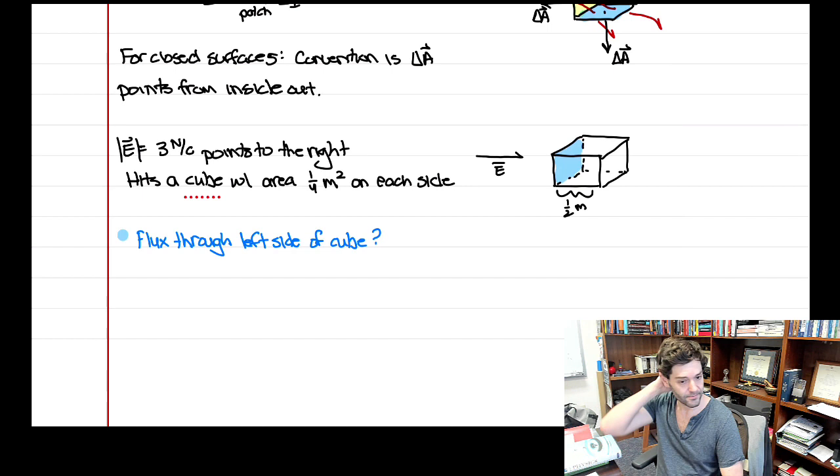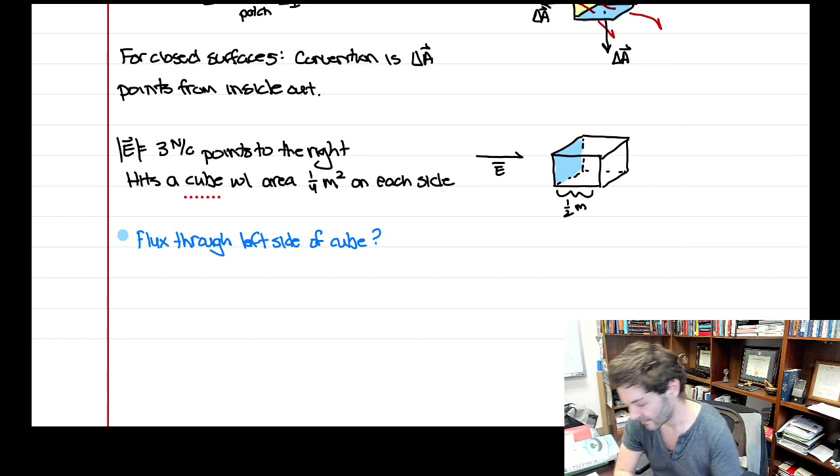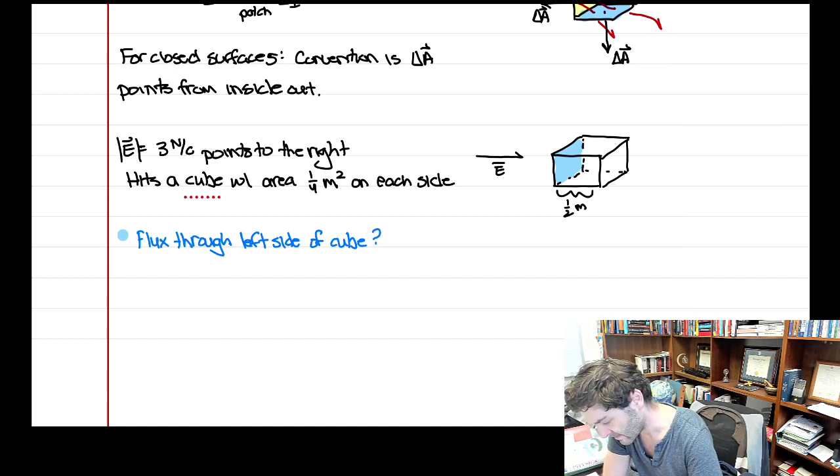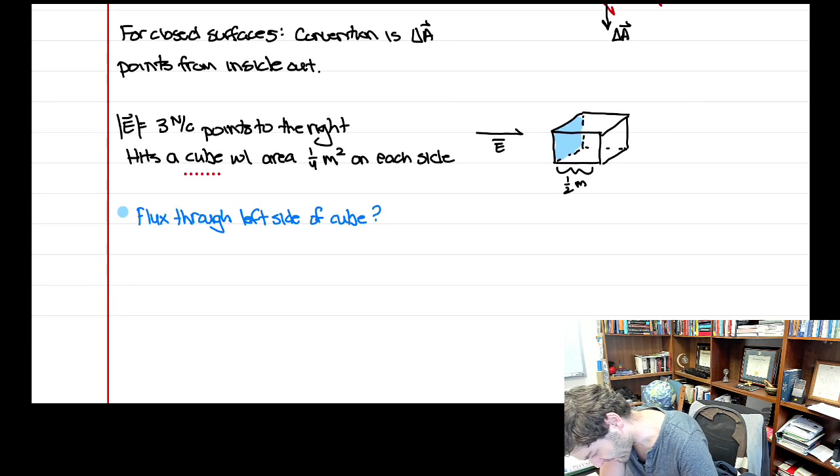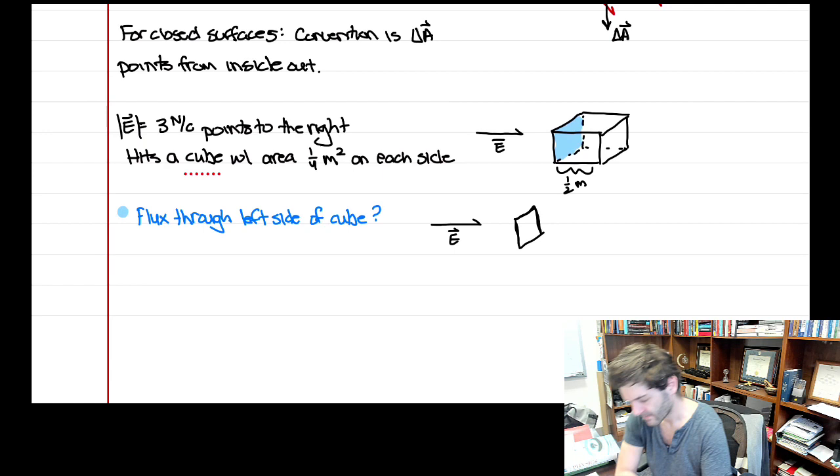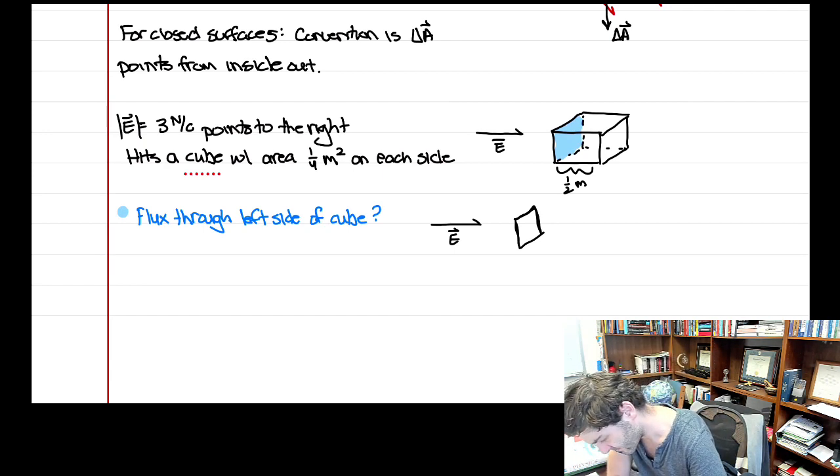So I have an electric field. I also need to define the area vector. So maybe I'll just redraw it down here, right? I have an electric field that's going to the right, and then it's going to go through this particular slab, the left side of the cube.